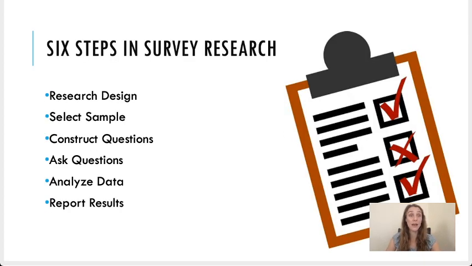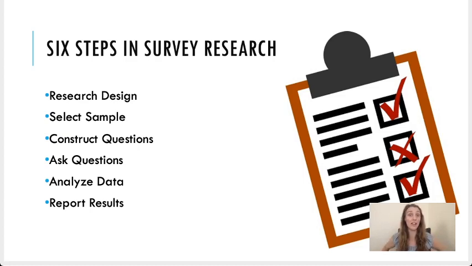So we have a few steps of survey research. The first is coming up with your research design. All right, so when we think about this for our own purposes, the research design is like having a hypothesis, having an introduction to your topic and understanding what variables you'll be assessing using a survey. You'll select a sample. That's already a little bit done for you, right?